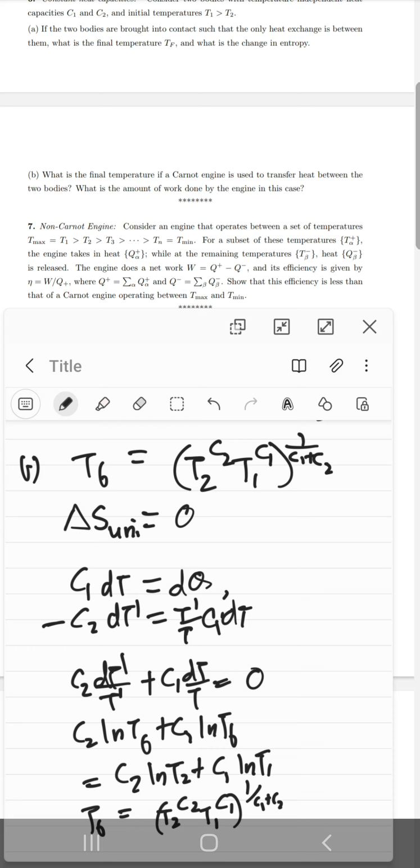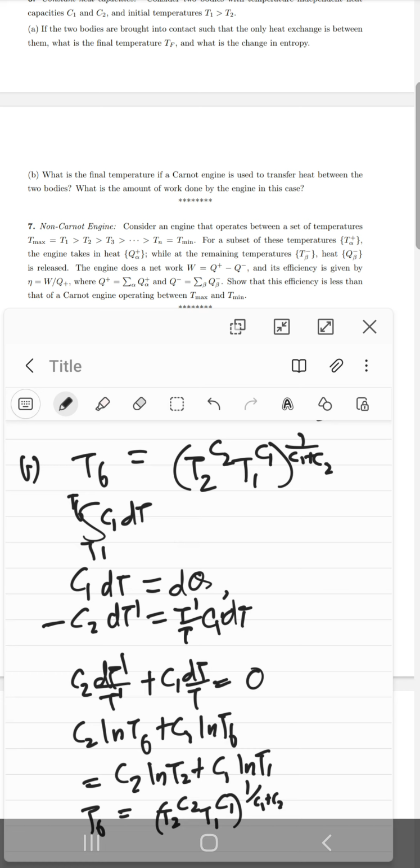What is the amount of work done, right? Okay, so we need to find the total amount of heat that we have put to the thing, obviously. So how do we do that? Well, one thing is we integrate our dQ guy, so just integration of dQ is just C1 dT from T1 to T final.